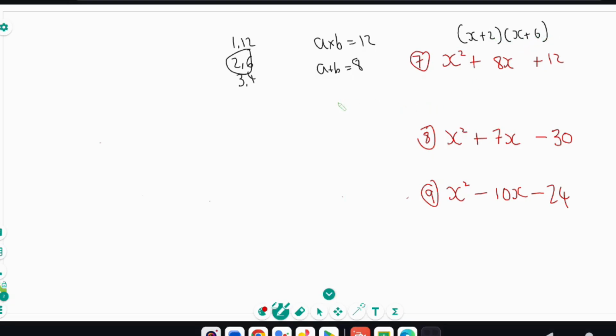Question 8. 1 and 30, 2 and 15, 3 and 10, 5 and 6. One of them is negative though. So let's just have a look at all your factors. Which one is it? -3 and 10.